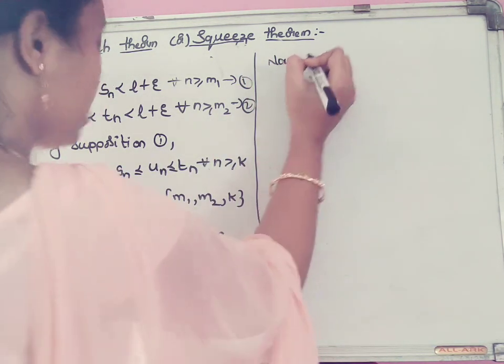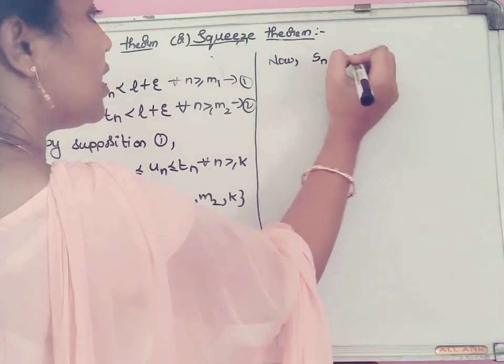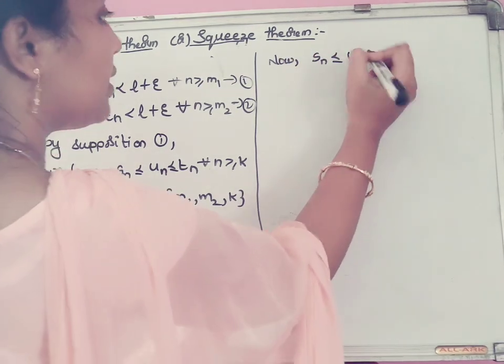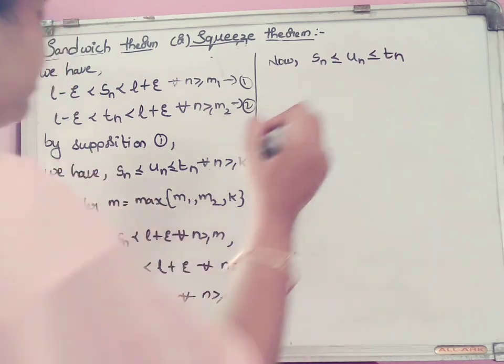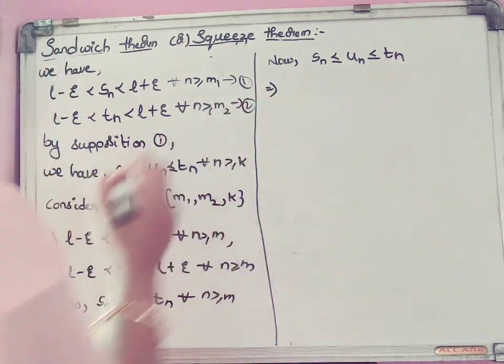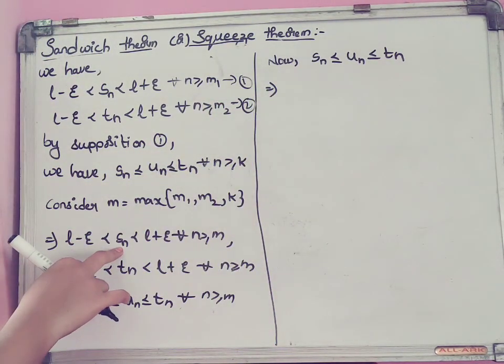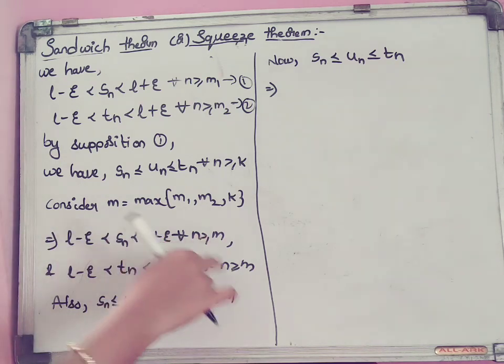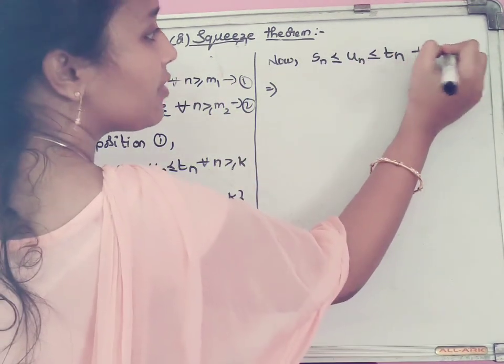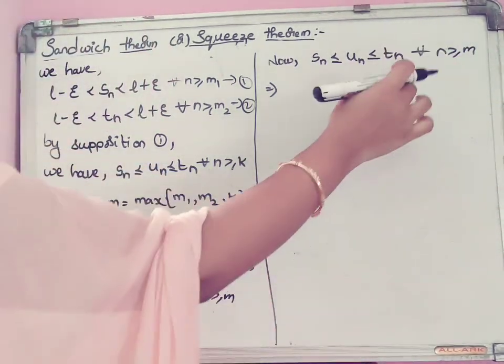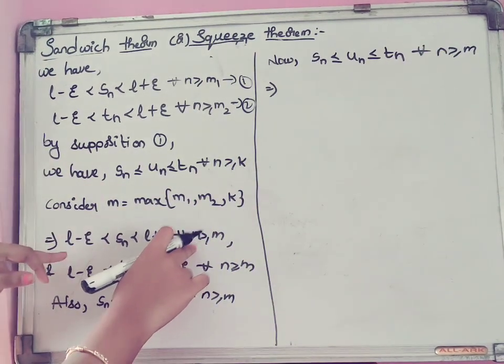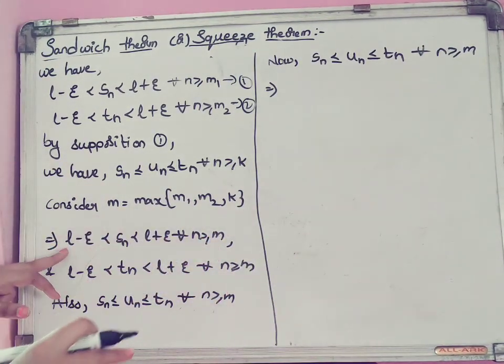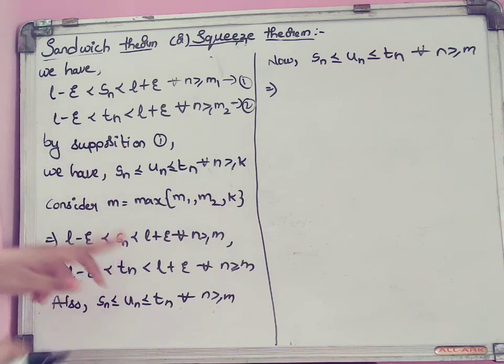Now, Sn less than or equals to Un less than or equals to Tn. See here, L minus epsilon less than Sn for all n greater than or equals to m.